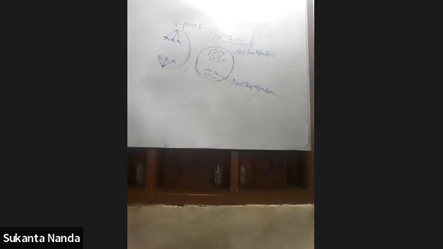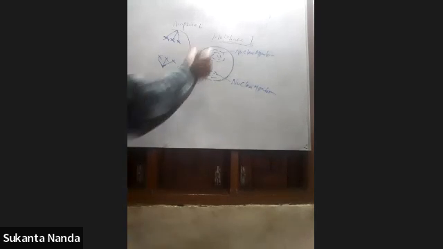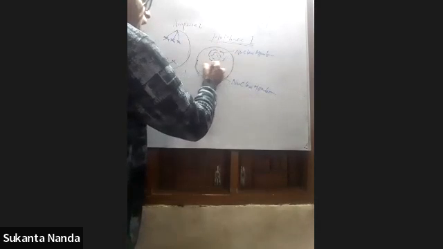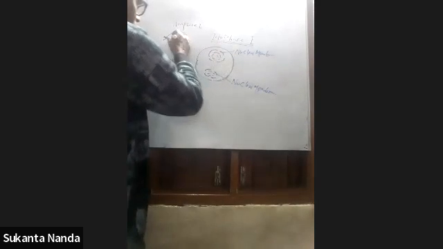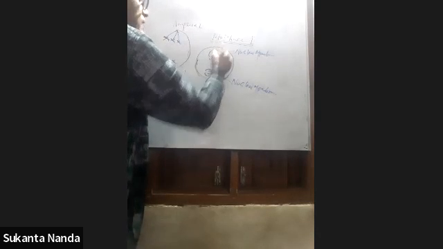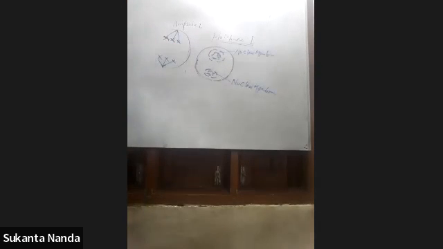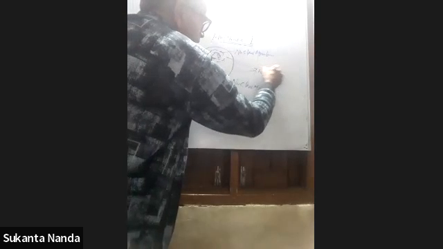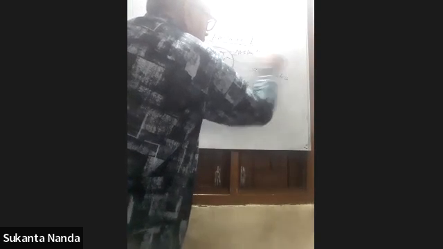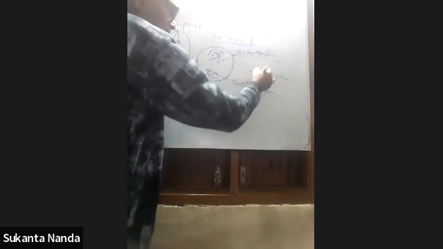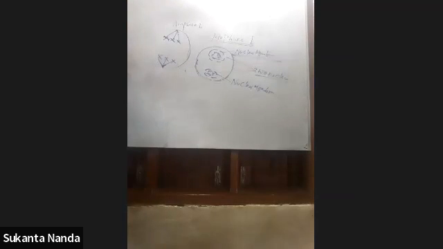The nucleolus also reappears. Two nuclei form, you see. These are one nucleus, and another nucleus also forms. These chromosomes become chromatin. So you mark that there are two nuclei. The nuclear membrane reappears and two nuclei form.